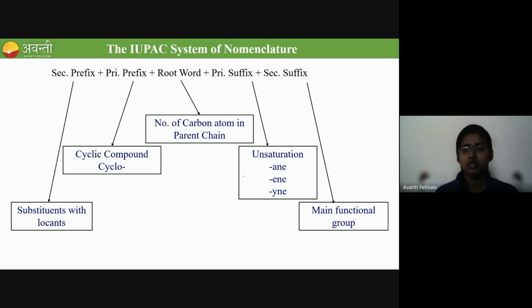Okay. So shall I go one by one? Shall I go with the root word? Is this clear to all of you? Shall we go with start? Just give me a moment.